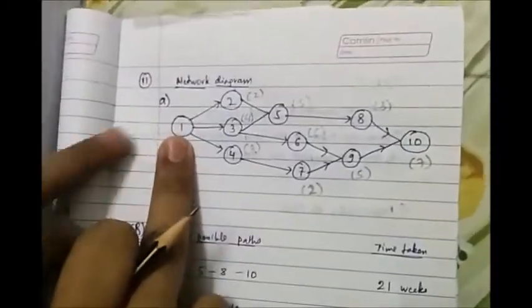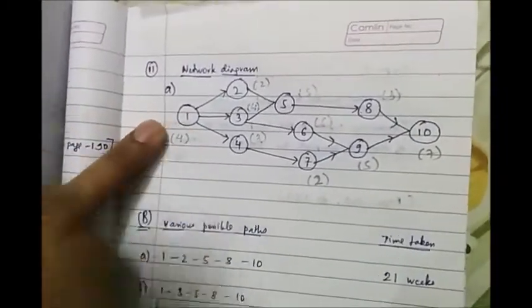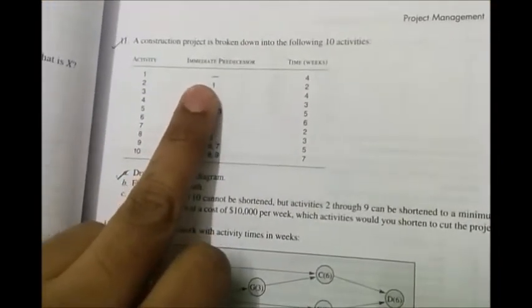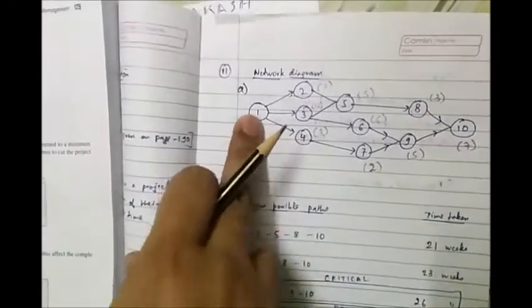You see the first activity, there is no predecessor to the first activity, so we'll simply write 1 here. Then 2 has 1, 3 has 1, and 4 has 1 as its predecessor. So we'll simply write 2, 3 and 4, which will be preceded by 1.